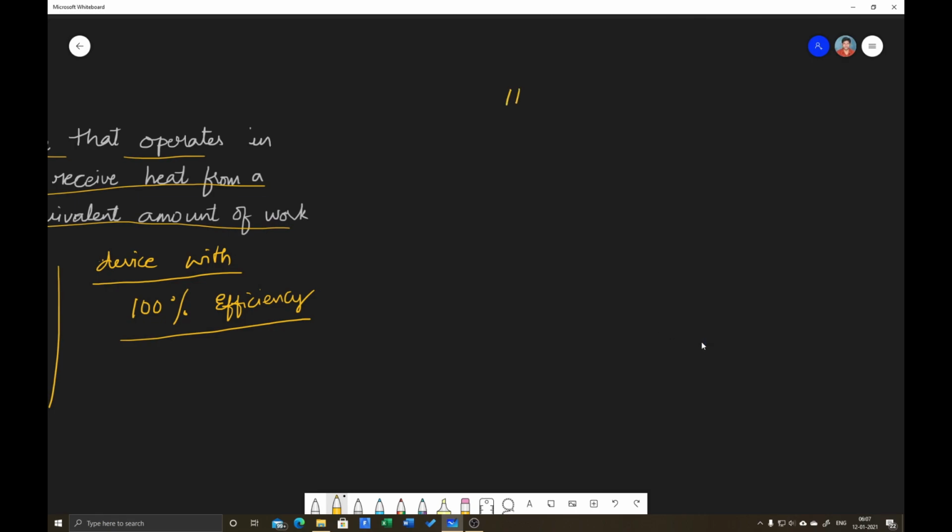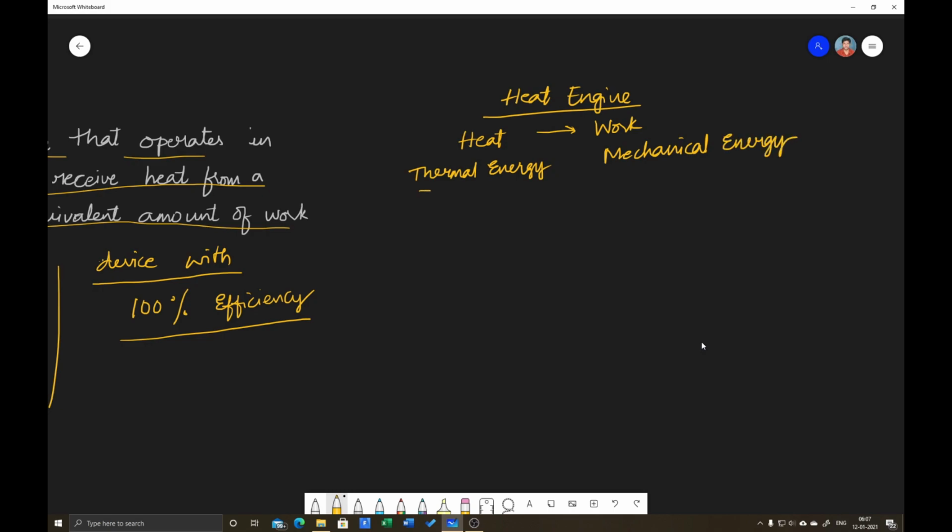Contrary to that, from this statement, we can discuss what a heat engine is. As the name refers, it converts heat into work, or in other terms, thermal energy into mechanical energy.